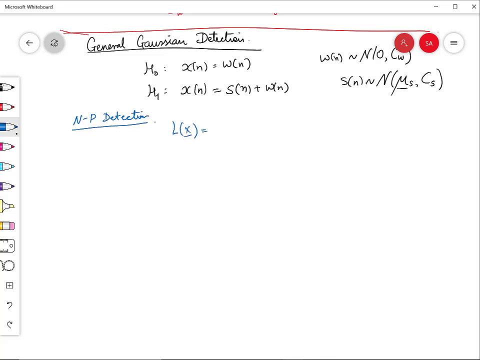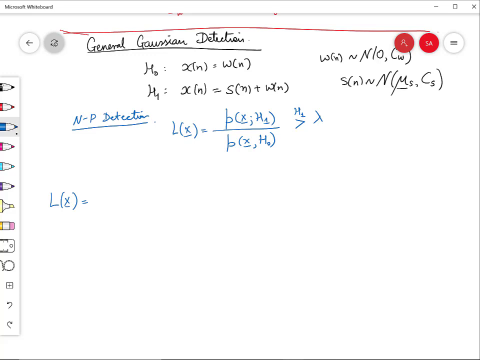So what I'm going to do is I'm going to find the likelihood of x given H1 divided by the probability of x given H0. This is my likelihood ratio test. If it is greater than some threshold lambda, I decide H1. All right, so let's write down the probabilities of these particular matrices.